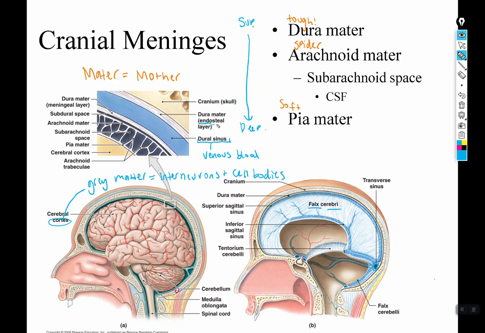So this is the inside layer that hugs the cranium. And then the meningeal layer, which is opposite the dural sinus space and closer to the arachnoid mater. This creates an area that is effectively going to contain that venous blood, and that is where the cerebrospinal fluid eventually drains back into.